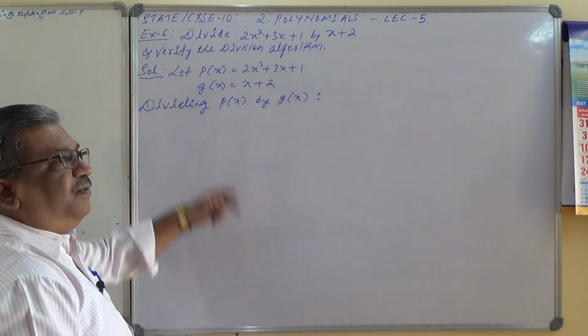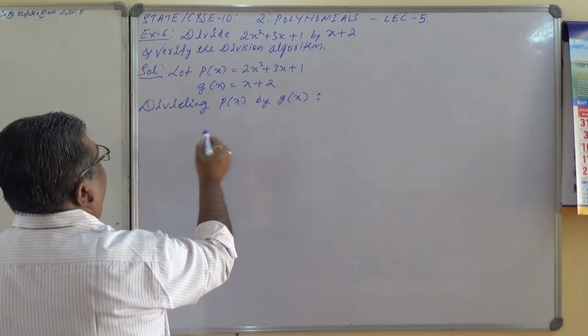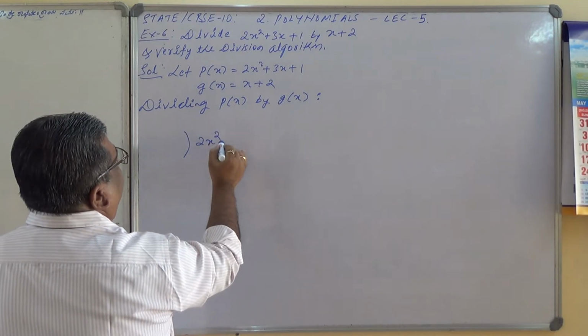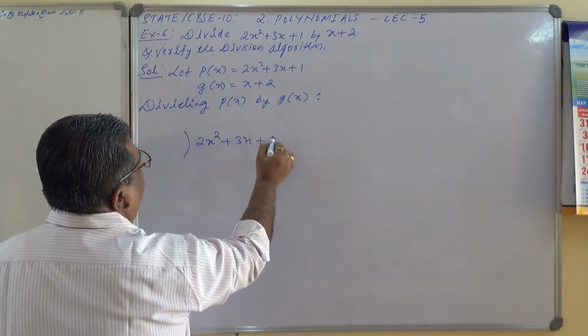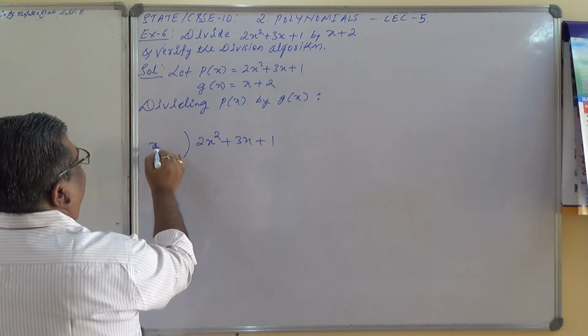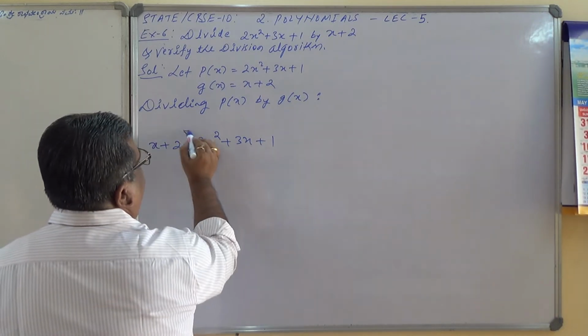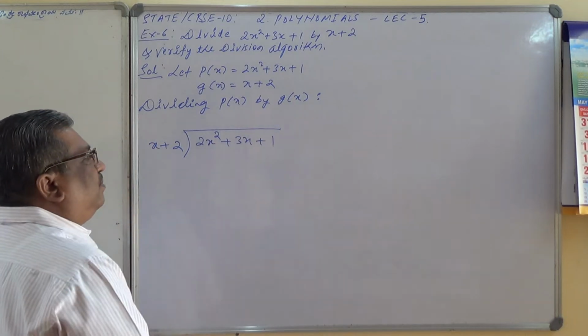We will go for a long division process here. So I use the long division process over here. This is 2x square plus 3x plus 1 and x plus 2. X plus 2 is the divisor here. So let us divide this one by long division process.